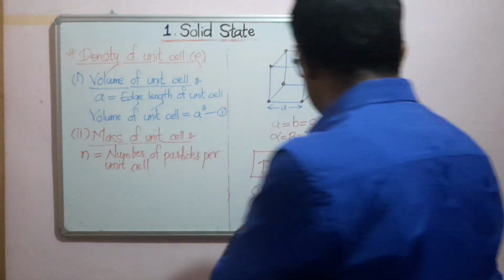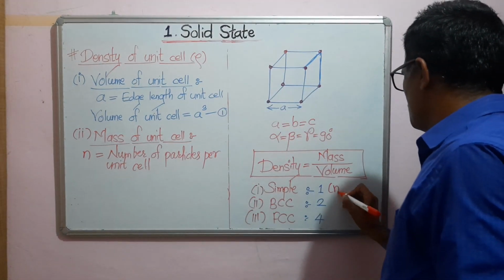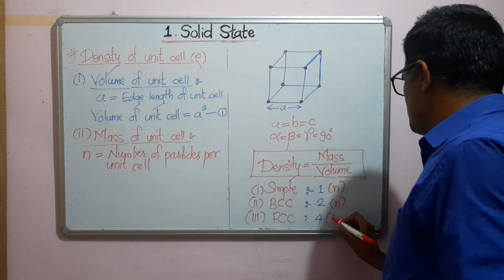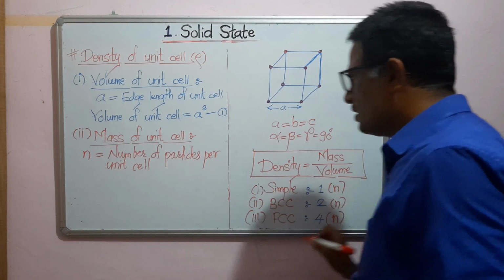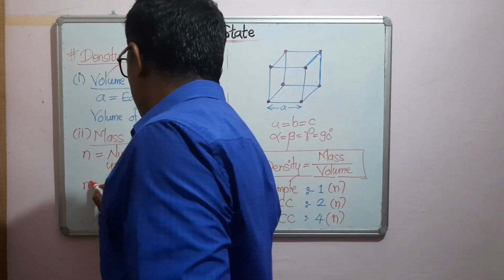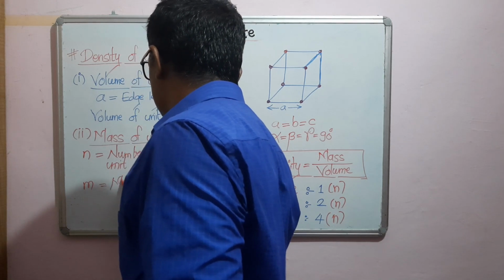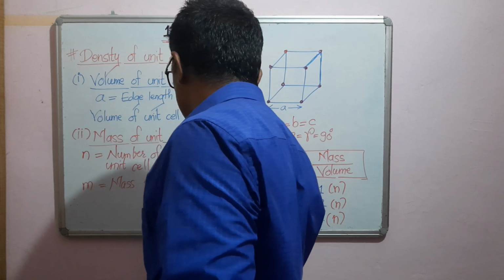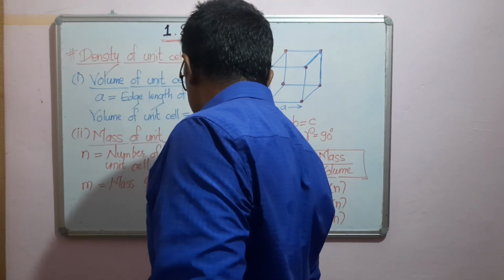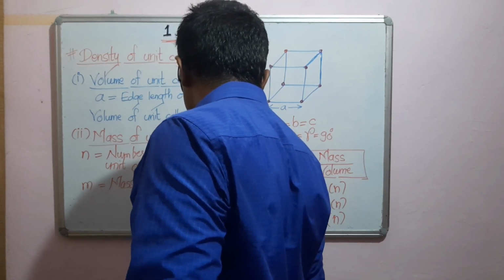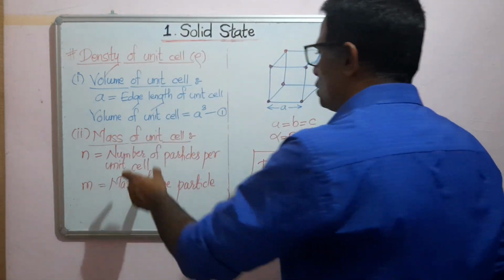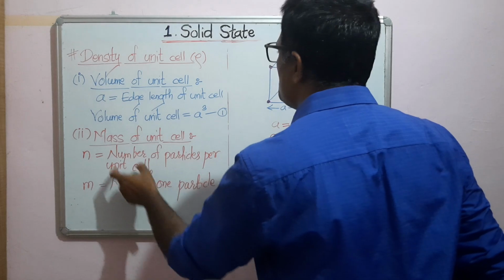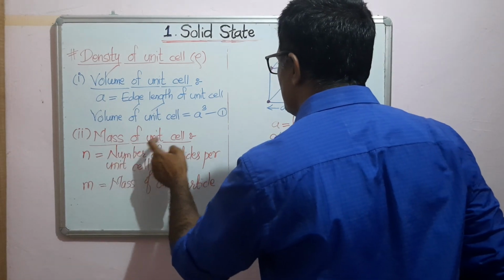In case of a simple unit cell n is 1, in case of BCC n is 2, in case of FCC n is 4, and small m is the mass of one particle.